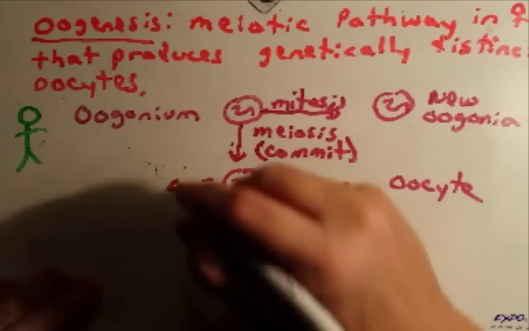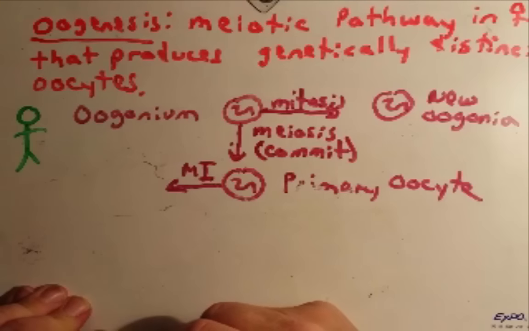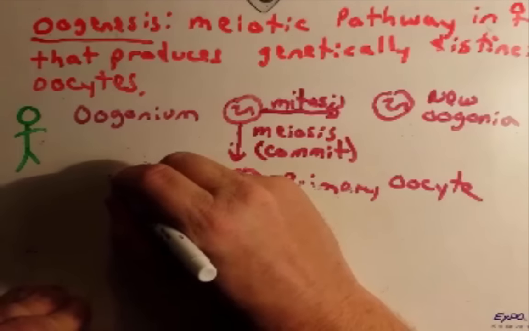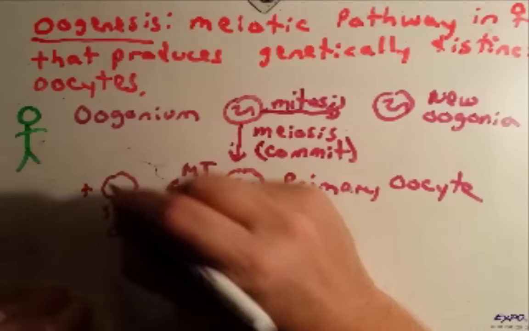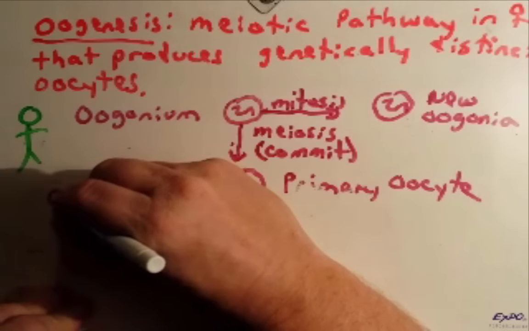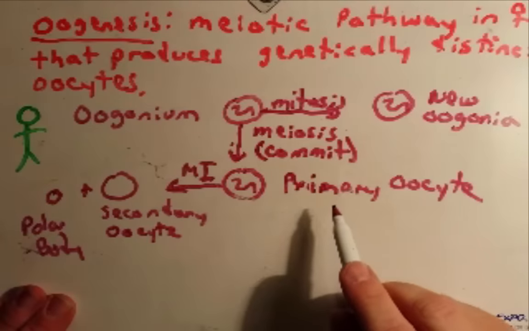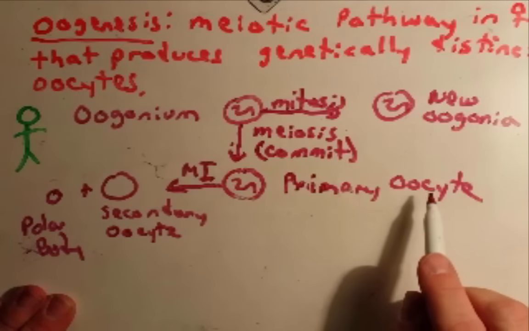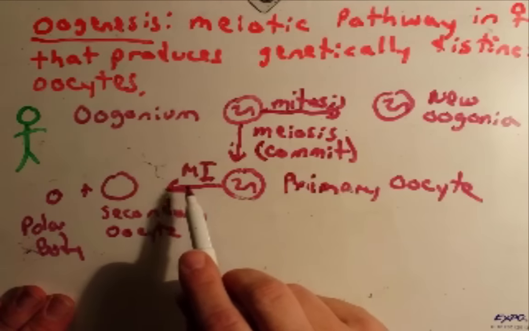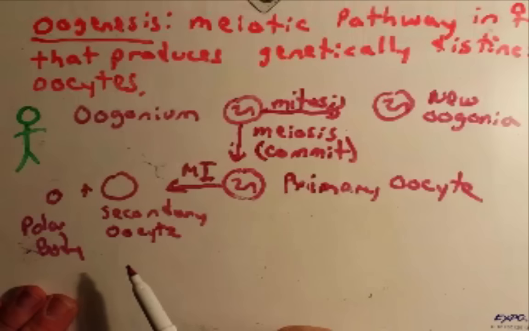This primary oocyte will now undergo meiosis 1 to produce a secondary oocyte. It will also produce a smaller polar body. Now, for comparison's sake, when we were talking about the primary spermatocyte, when it went through meiosis 1, it produced 2 haploid secondary spermatocytes of equal size.